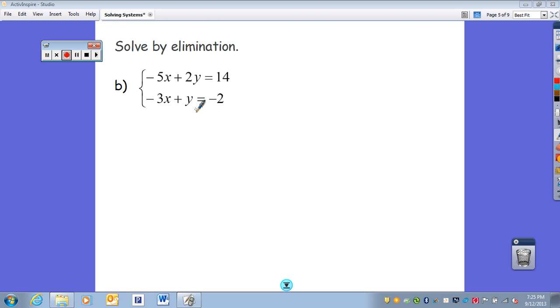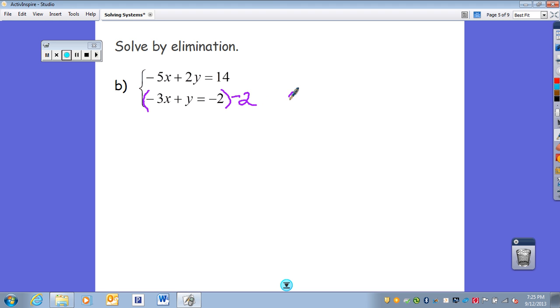To do that, we must multiply one, the other, or both equations by a value that will then have one of the variables be opposite. We could do either the x's or the y's. In this case, since the top equation has a 2y, I could make the bottom equation be negative 2y if I multiply the entire equation by negative 2.